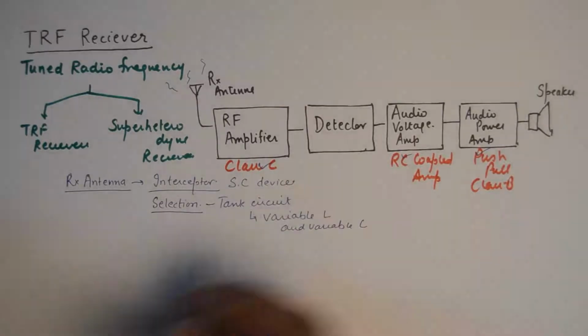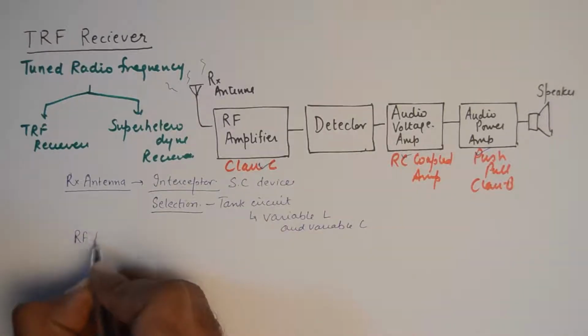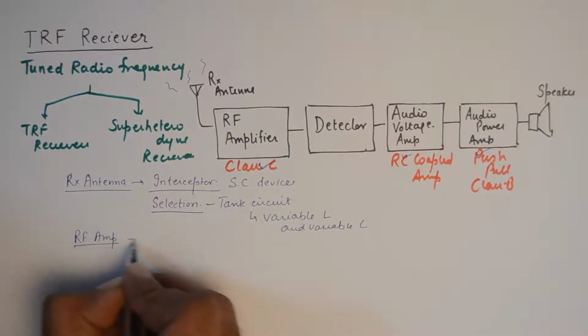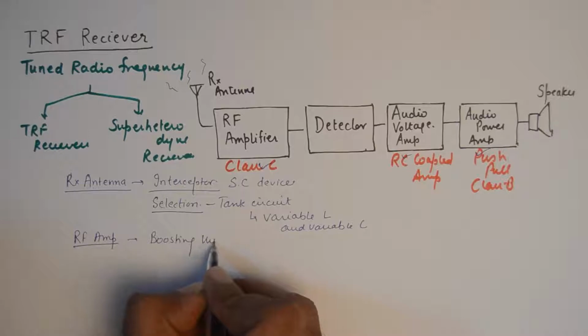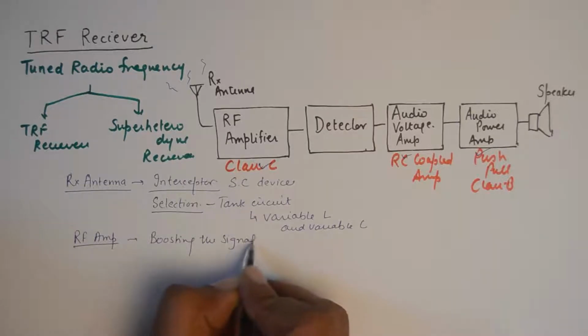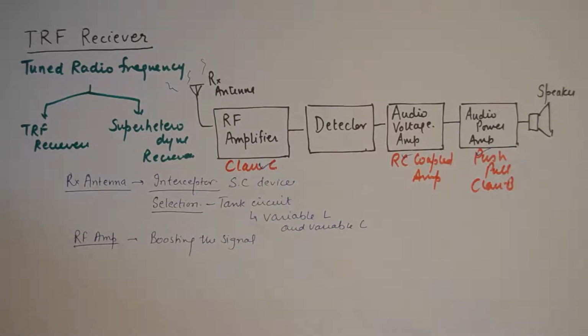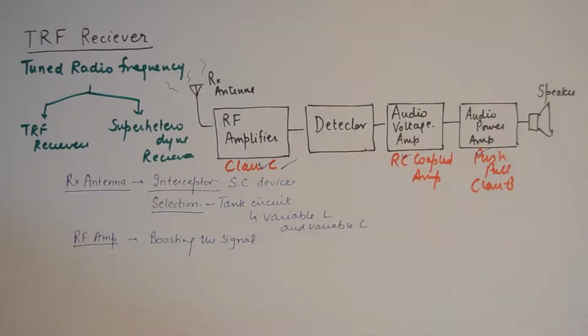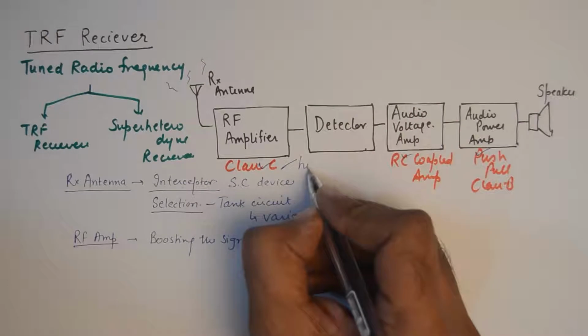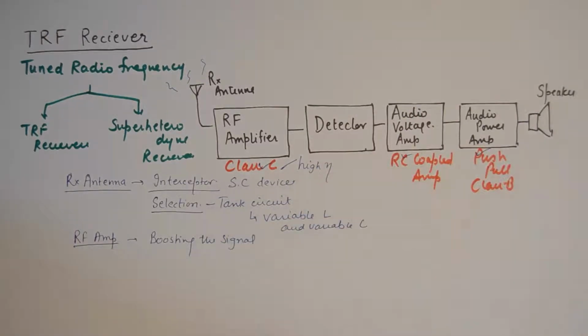The first RF amplifier does the job of boosting the signal, because the received signal at the receiver will be very weak. Its gain is going to be very small, and the reason why we use class C is that it has high efficiency and the noise effect is reduced in class C amplifiers.